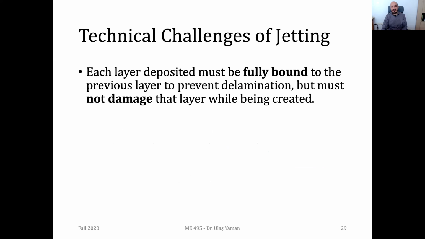And obviously, the jetted layer should be perfectly bonded to the previous layer to prevent any delamination. We don't want these layers to separate from each other. Another issue is that your speed shouldn't be too high, otherwise you may damage the previous layer, and that will result in low dimensional accuracy.